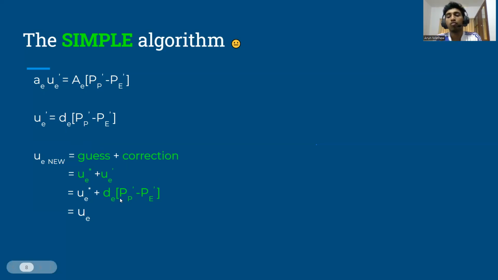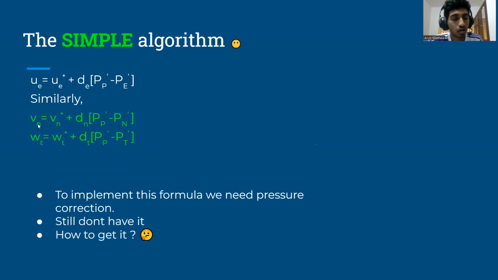Since this is an iterative environment, the new velocity field will be the next velocity field. This is the velocity field at E now. Similarly, we can write for the y direction and z direction.